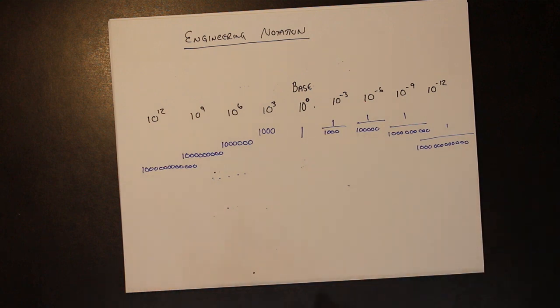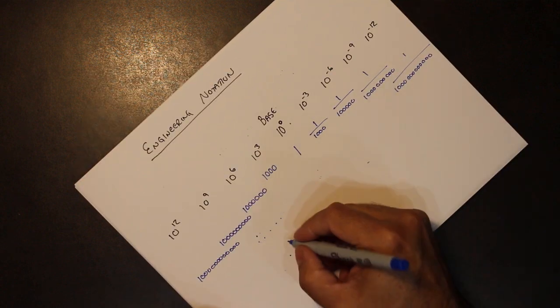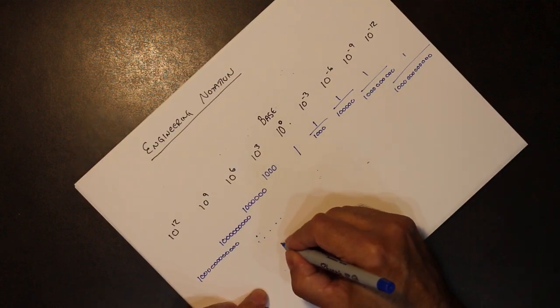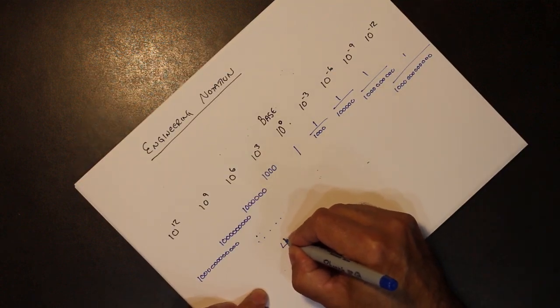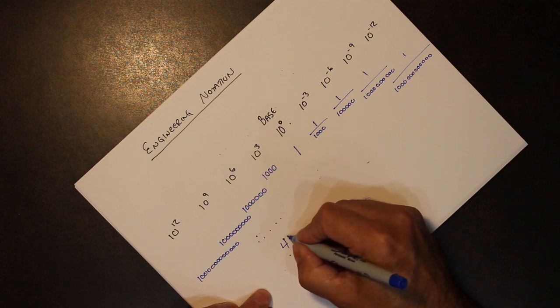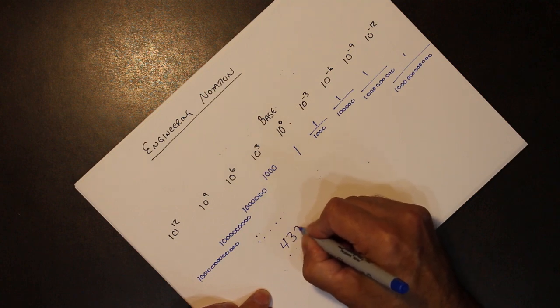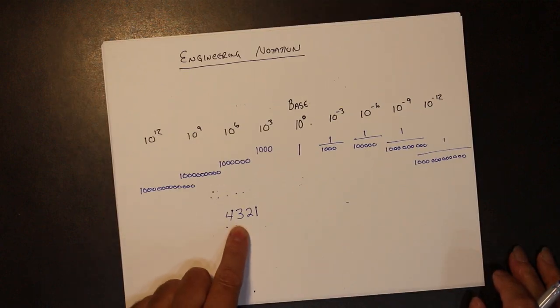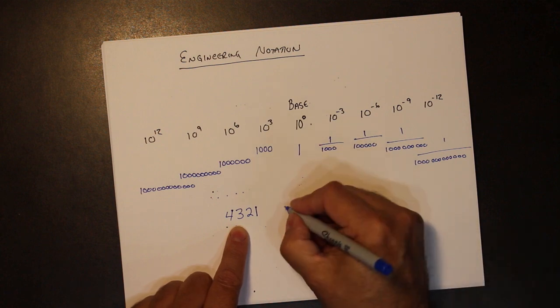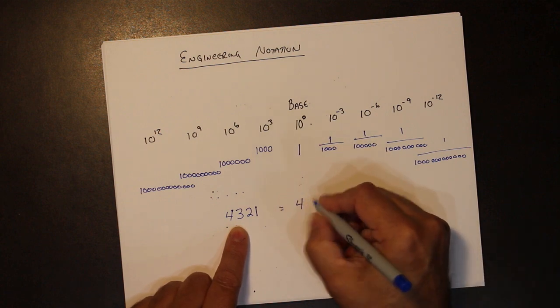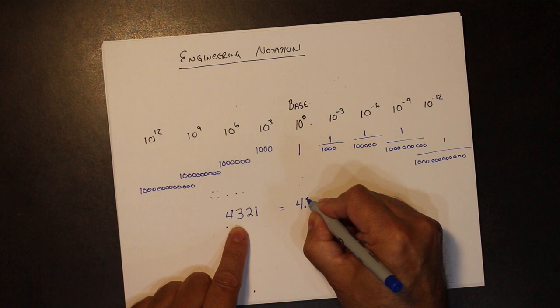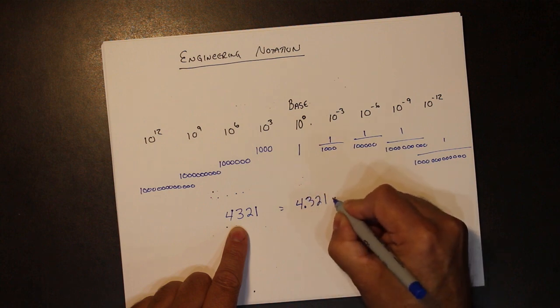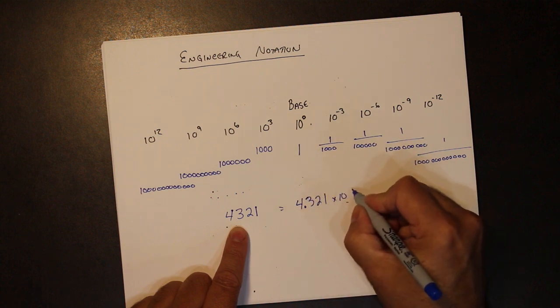So if I had a number that looked like this, 4,321. If I wanted to represent that in scientific notation, it would look like this: 4.321 times 10 to the 3.